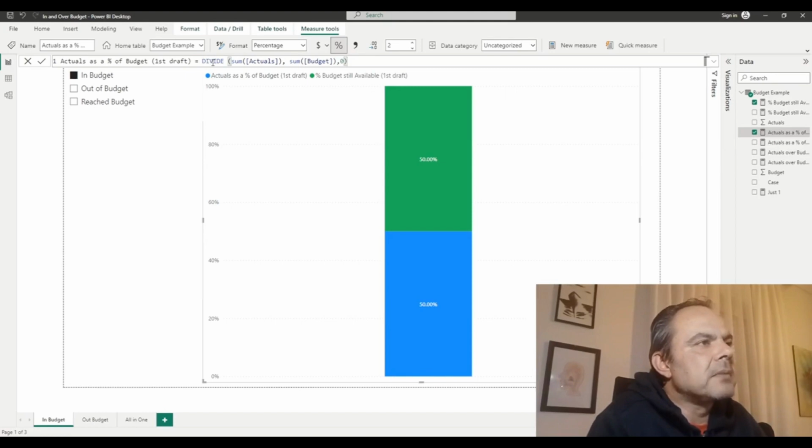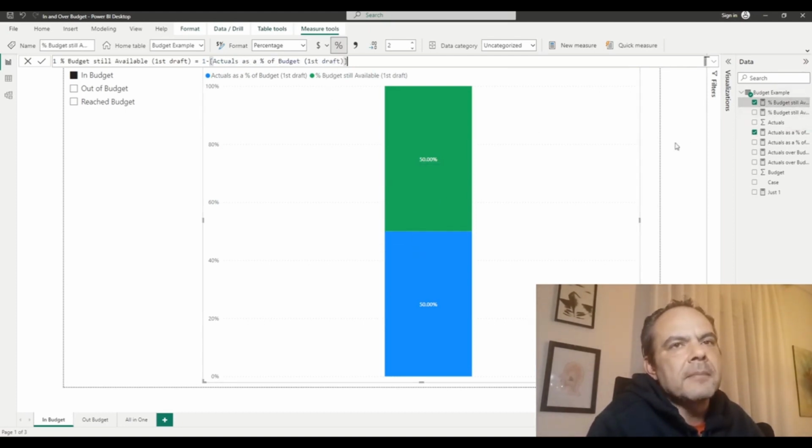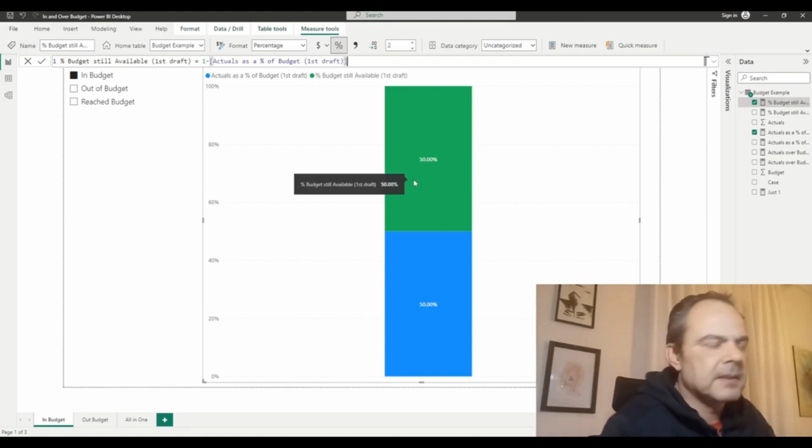That would be a simple division of the actuals over the budget, with 0 replacing a potential 0 or blank value in the denominator, while the remaining budget will be 1 minus the percentage of the actuals already spent. So 100% minus 50% in this case equals 50%.